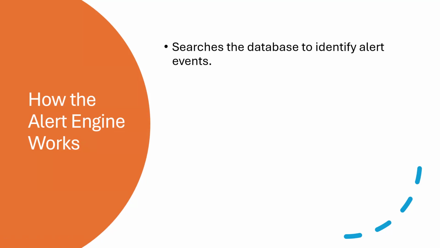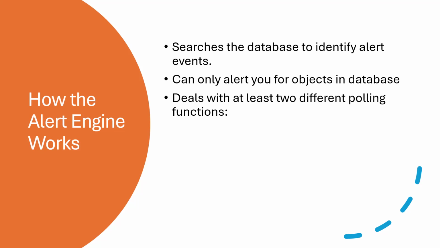It just searches the database to identify alert events. It can also alert you only for the data you have in the database, meaning any object or entity that is there in the database. Anything which is not in the database will never be considered by the alert engine.